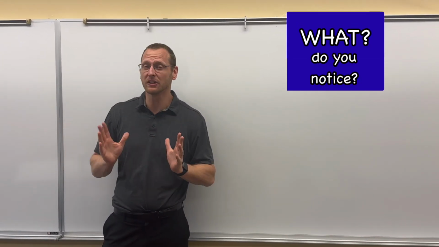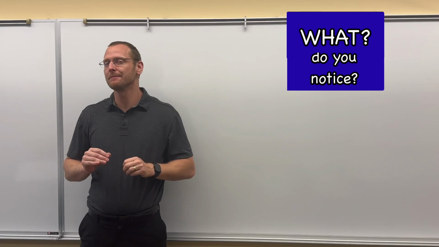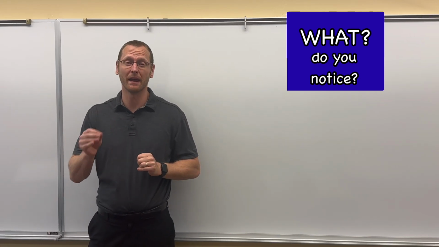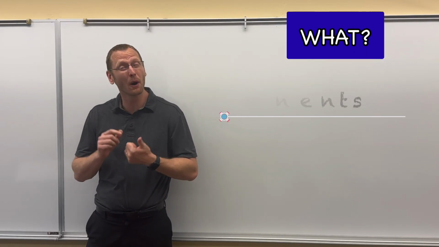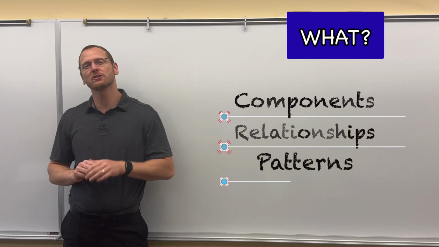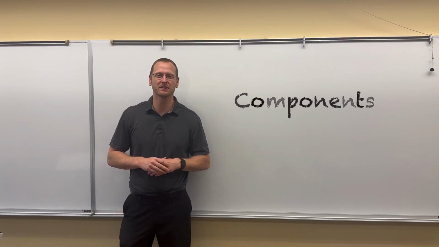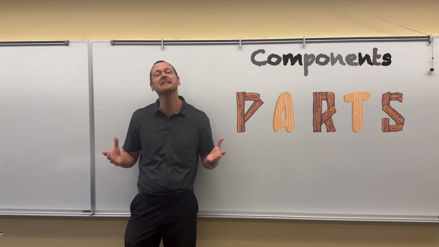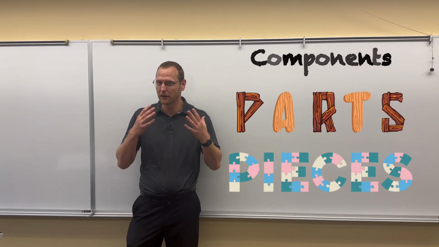And there are a lot of things to notice, but the three big things that we often notice when doing analysis are components, relationships, and patterns. Let's first start talking about components. So components are the parts or the pieces of a given thing that you're inspecting.